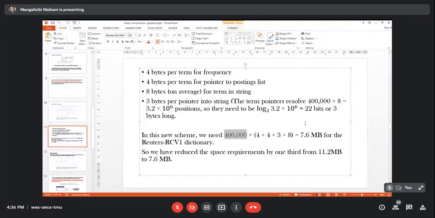So the size has been reduced: initially the space requirement for the fixed width scheme was about 11.2 MB, and now with dictionary as a string it is 7.6 MB, so around one third of the memory has been saved.